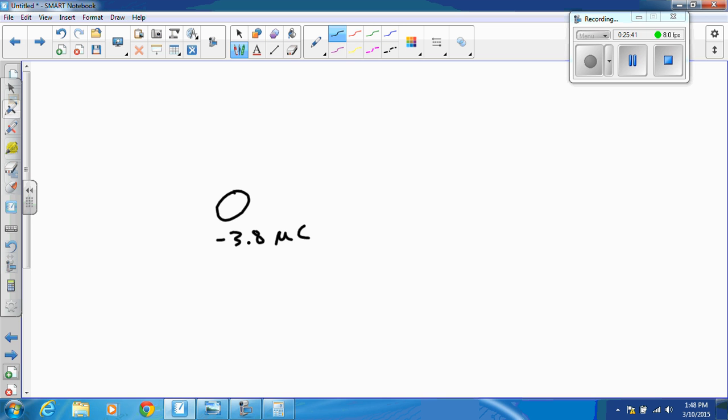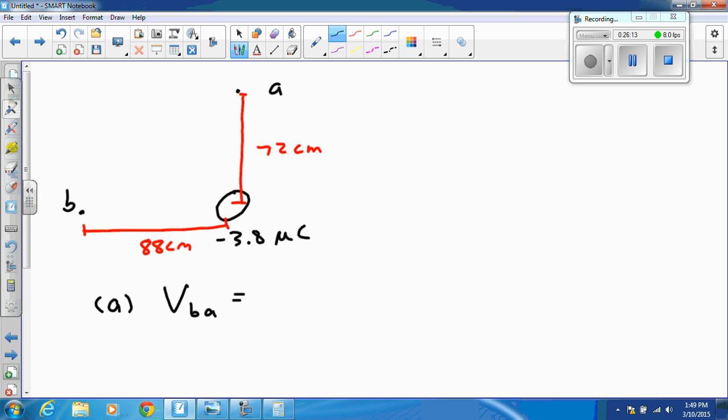And a point B, which is 88 centimeters west. And now what they want us to determine is the difference in potentials between these. And they also want us to determine the difference in fields.